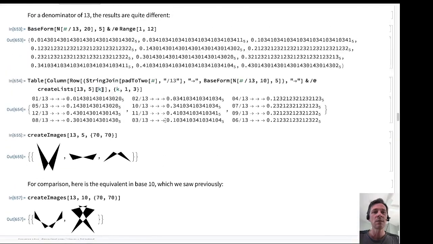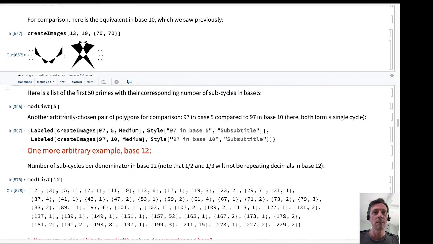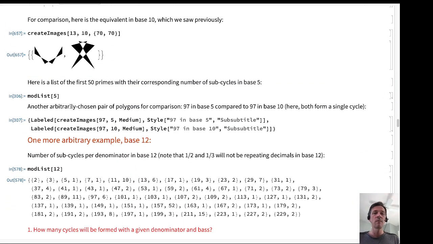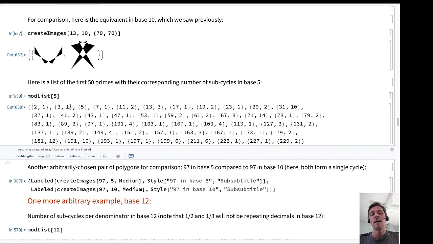Okay, so just like we did with base 10, here's a list of the first 50 primes with their corresponding subcycles in base 5. These numbers, of course, are not in base 5. When I try to represent denominator 11 in base 5, I'm going to get 2 cycles. Here's a nice big one.